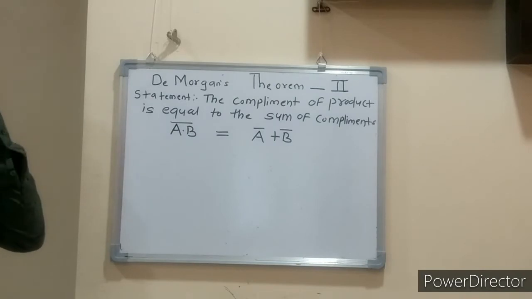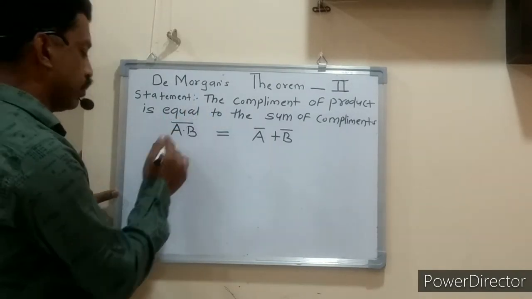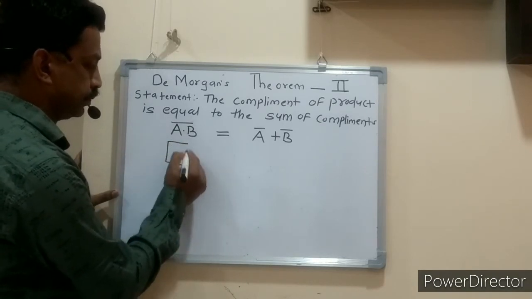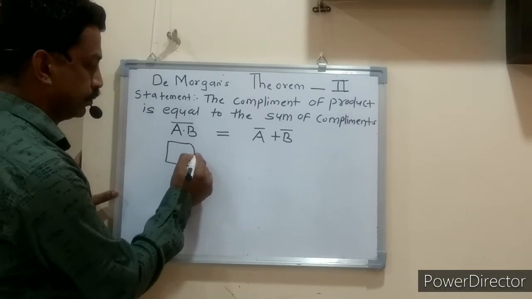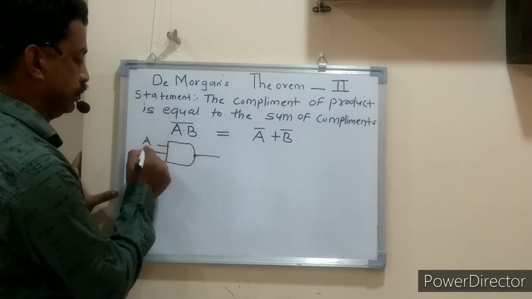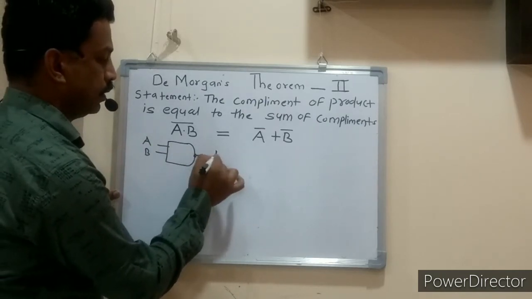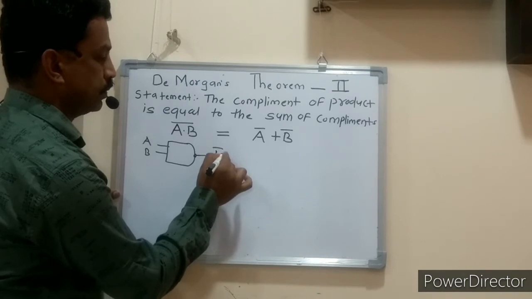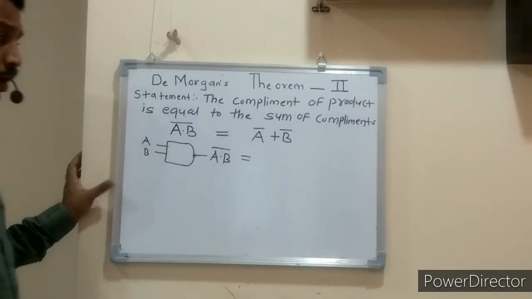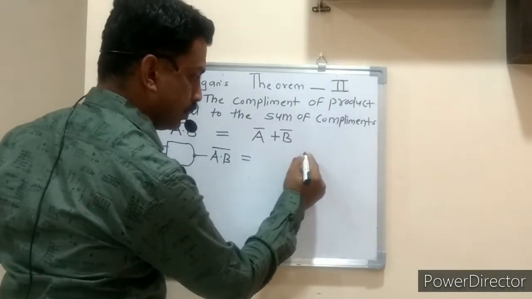Now in logical symbols, how can we express this? This is (a plus b) complement. It is nothing but our NAND gate. Sorry, this is (a dot b) complement. And the plus means it is an OR gate.